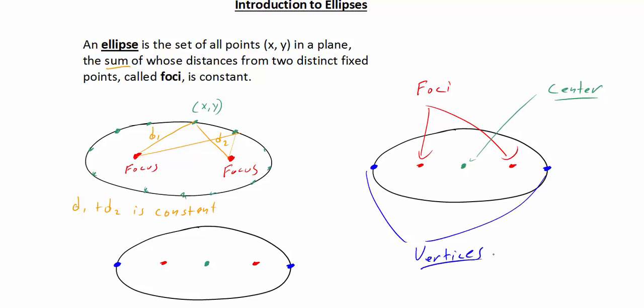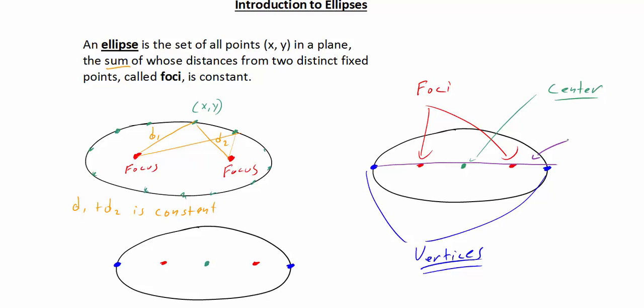Okay, so with the parabola we had one vertex, and here we have two, which the plural form again is vertices. And we're going to notice the vertices are going to be at the end of what we are going to call the major axis. And the major axis is going to go from one vertex to the other.